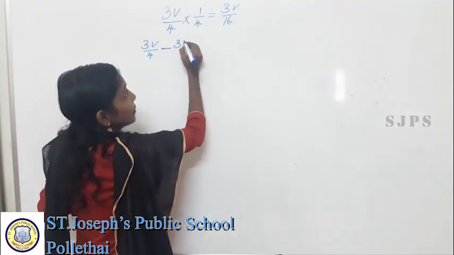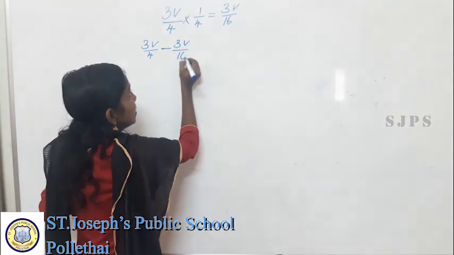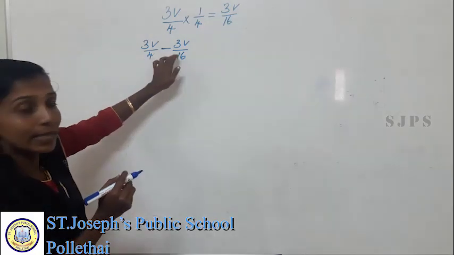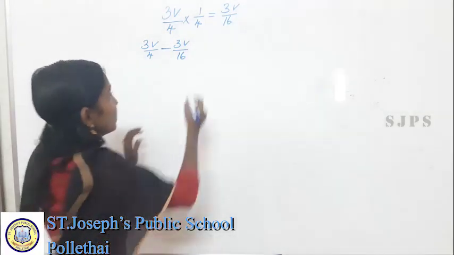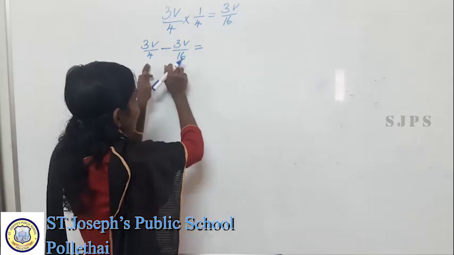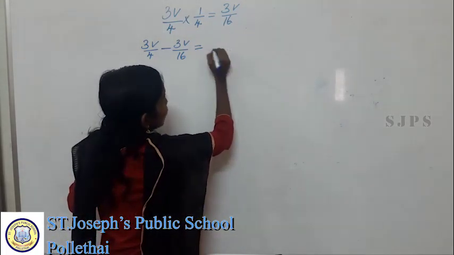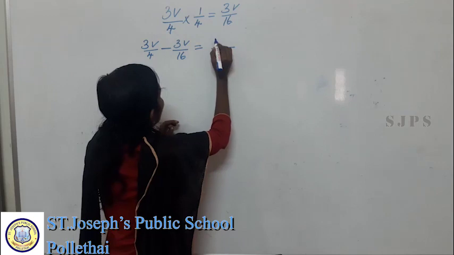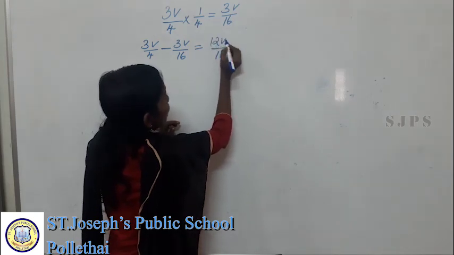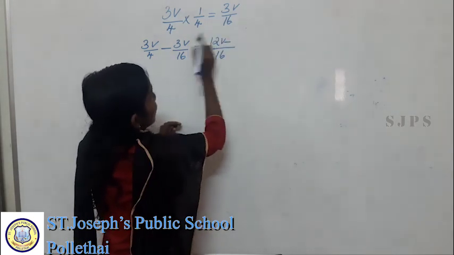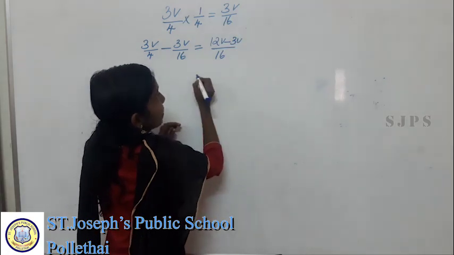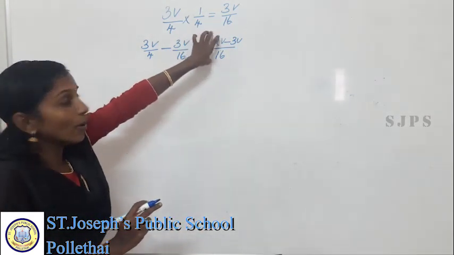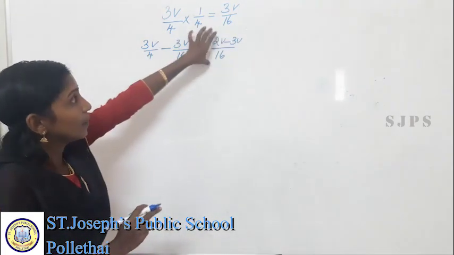The remaining volume of the cylinder is 3V by 4 minus 3V by 16. We get 16 as the LCM.